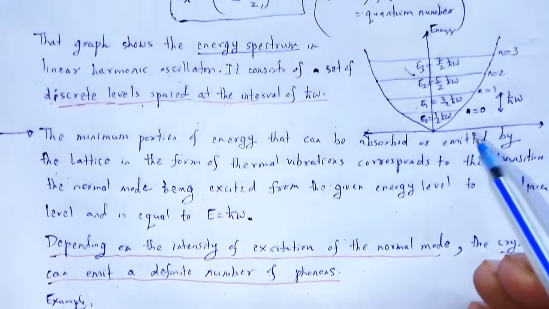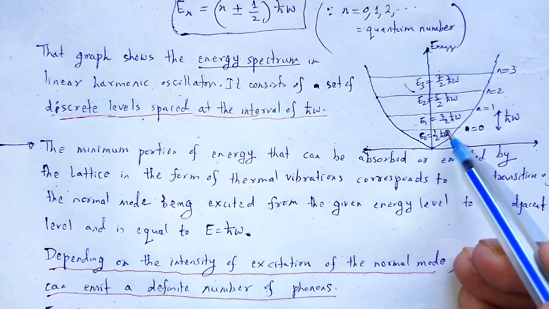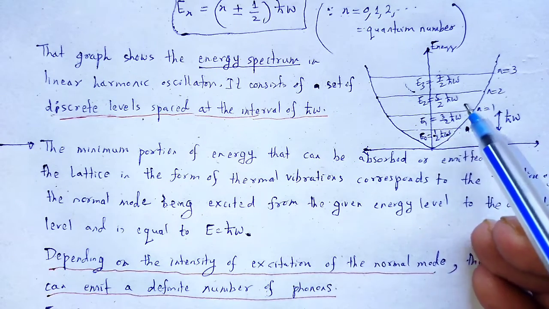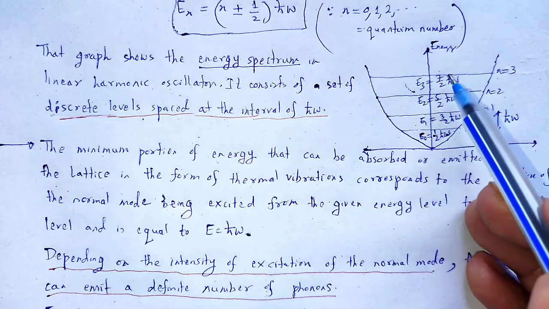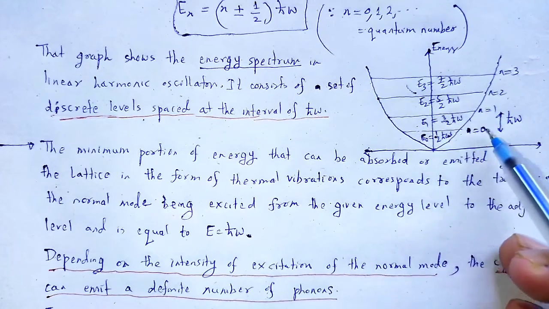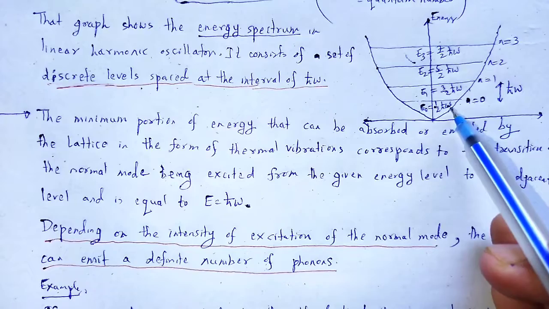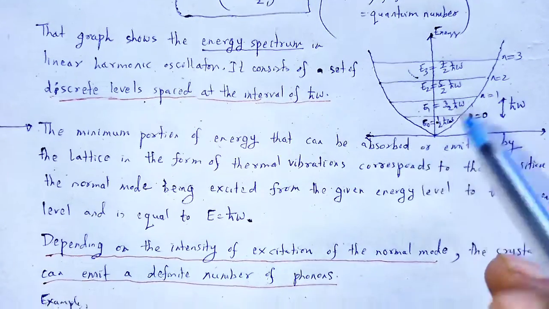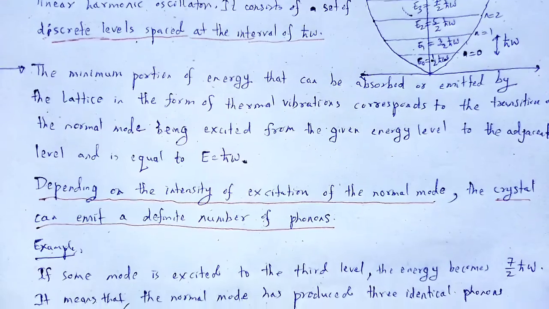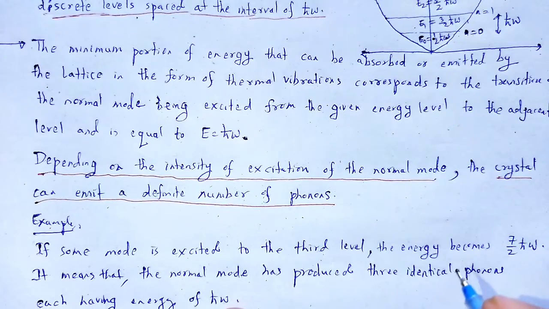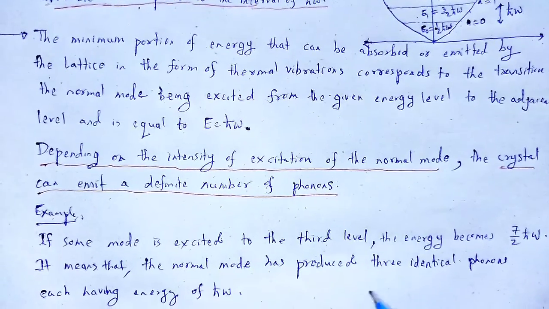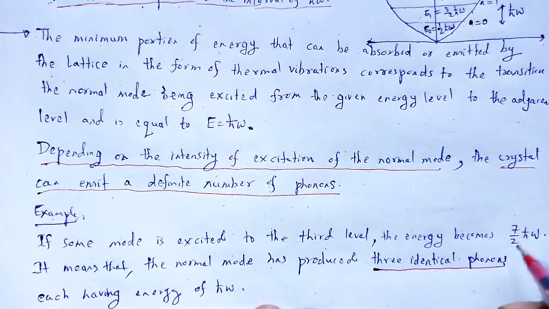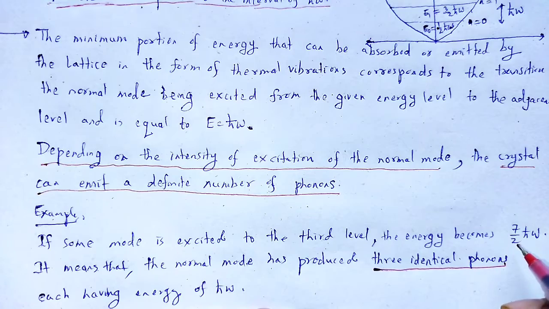Look here, the normal mode has half h cut omega, then h cut omega, then h cut omega. When 3 h cut omega is added to half h cut omega, we finally obtain the energy 7/2 h cut omega. Therefore, each phonon has the energy h cut omega, so 3 identical phonons are required to achieve the energy 7/2 h cut omega.